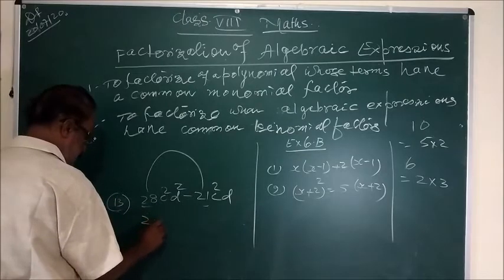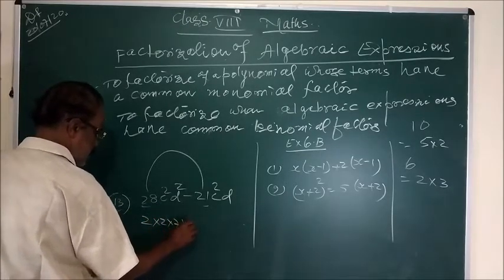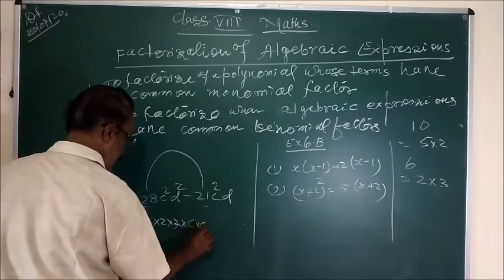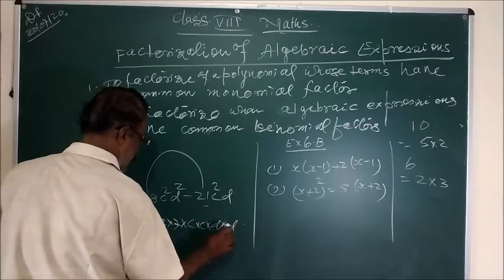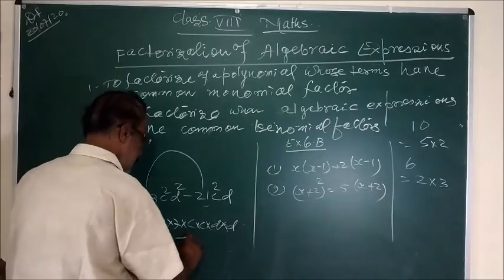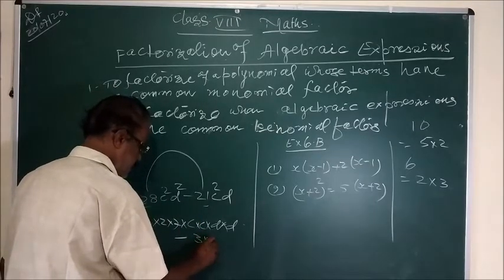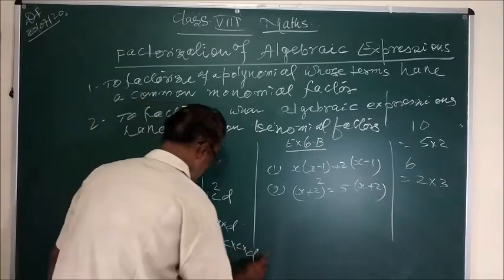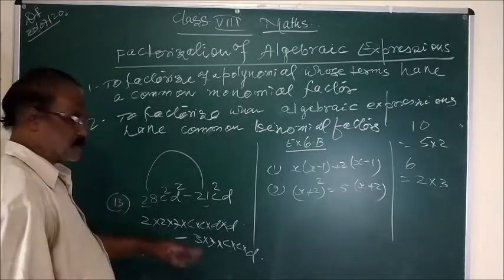So 28, 2 into 2 into 7, c square, also you can write c into c, and d square you can write d into d. This is the absolute factorization of this term. Similarly, factorization of 21, 3 into 7, c square means c into c, and d. Now you see what are the common in these two.